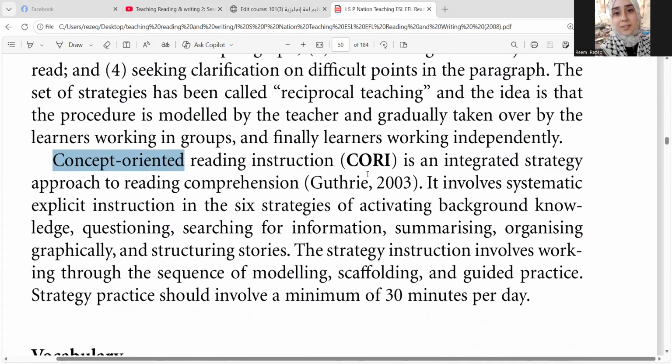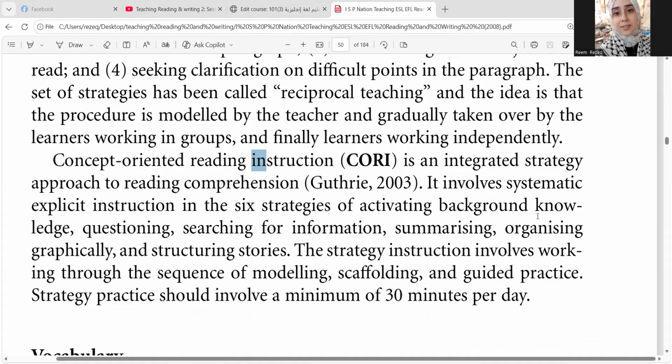Here, for example, concept oriented reading instruction. CO stands for CORI, meaning you take the first letters C, O, R, I. So CORI stands for concept oriented reading instruction. Of course, what is CORI? It's an integrated strategies approach to reading comprehension.